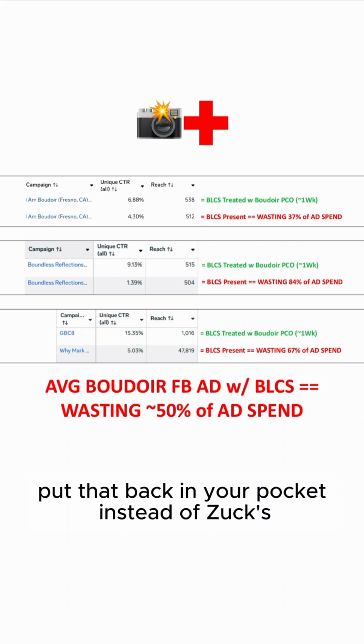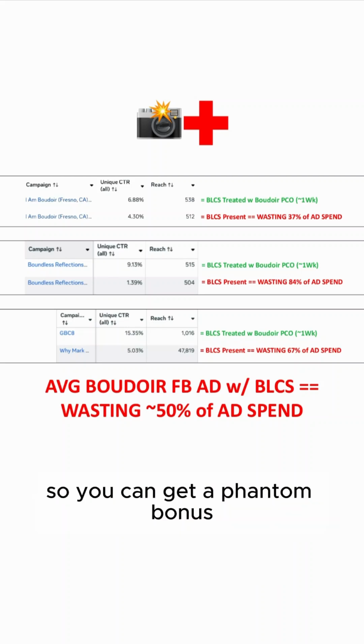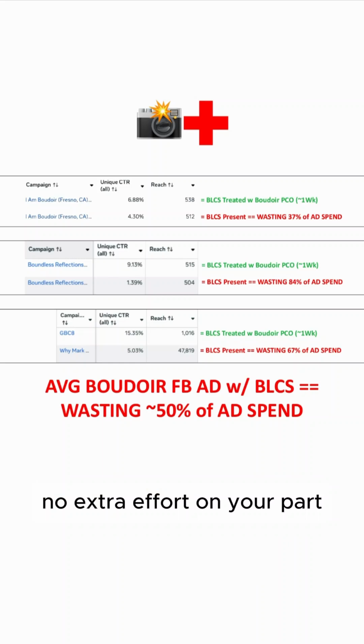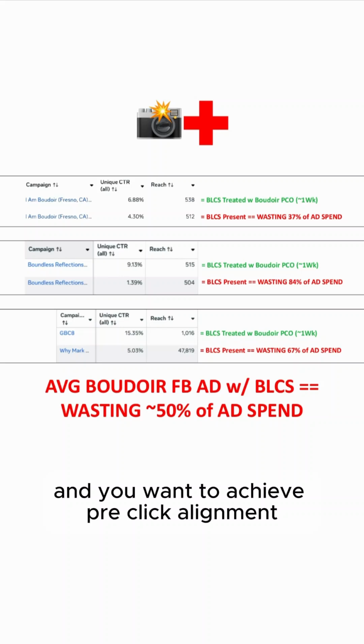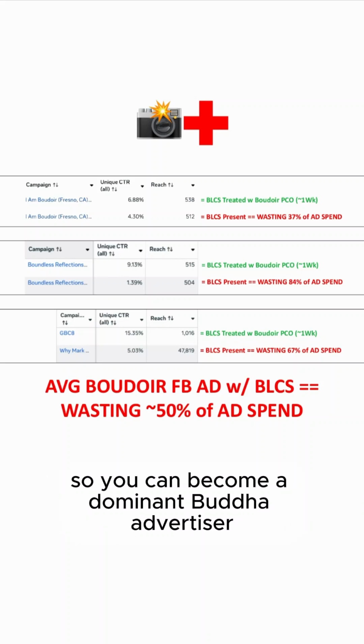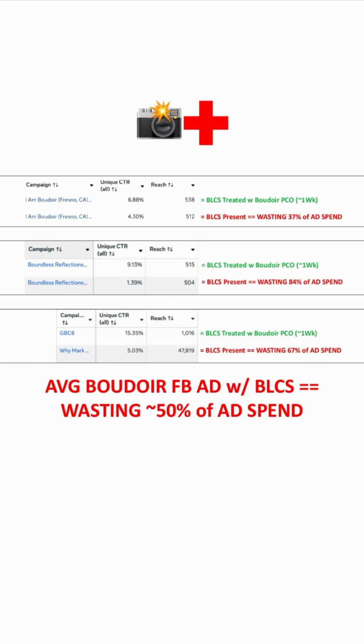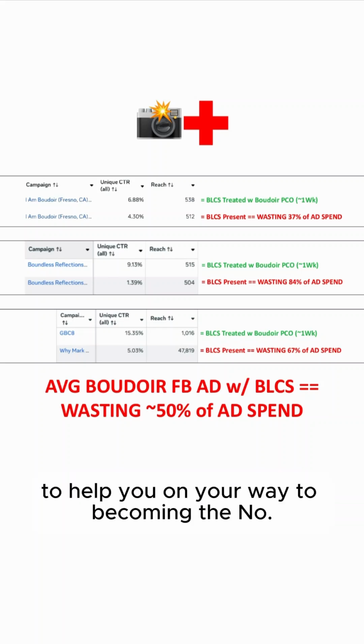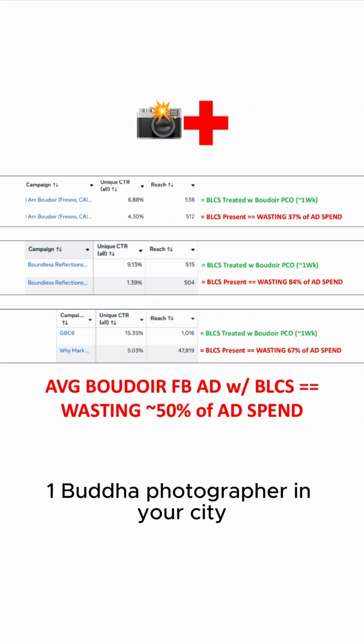Put that back in your pocket instead of Zuck's, so you can get a phantom bonus. No extra effort on your part. And you want to achieve pre-click alignment so you can become a dominant Boudoir advertiser with Boudoir Brain Entry Boost to help you on your way to becoming the #1 boudoir photographer in your city.